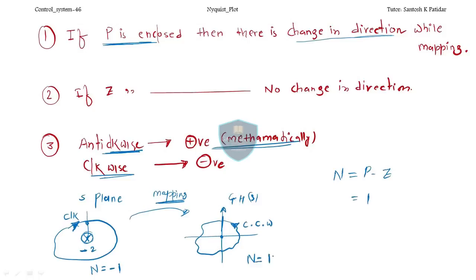So the things are the change in direction and the encirclement notation, isn't it?